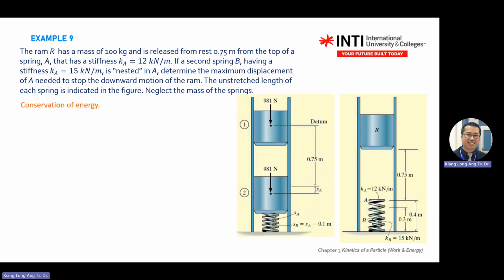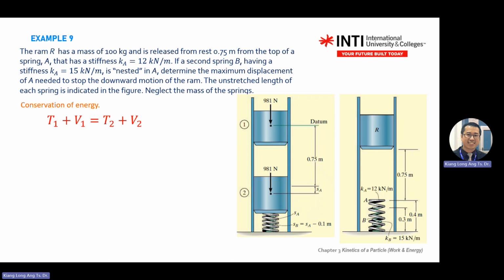Once you have the free body diagram, you go for conservation of energy, which means you only look at the energy dimension, before equal to after. There is no loss of energy. So here, T plus V1, kinetic plus potential energy. Remember you have gravity and spring, so remember to consider mgh plus spring.